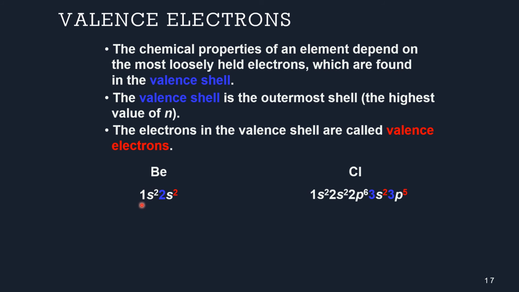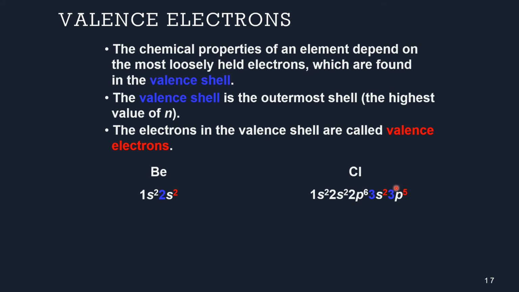We've got shell 1 and shell 2. Shell 2 is our highest energy shell for this particular atom. It has 2 electrons in it total. So beryllium has 2 valence electrons, the 2 electrons in the highest energy shell.